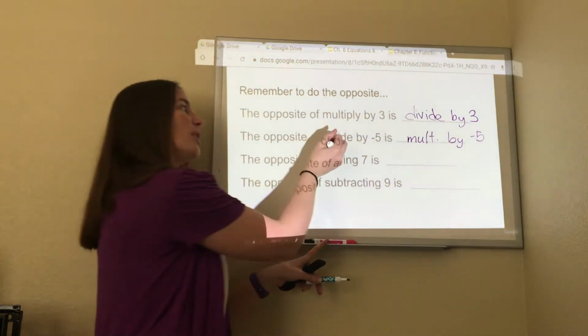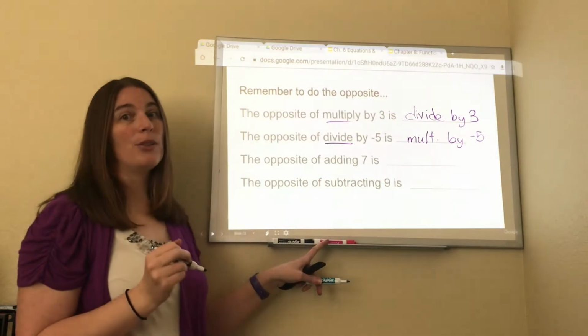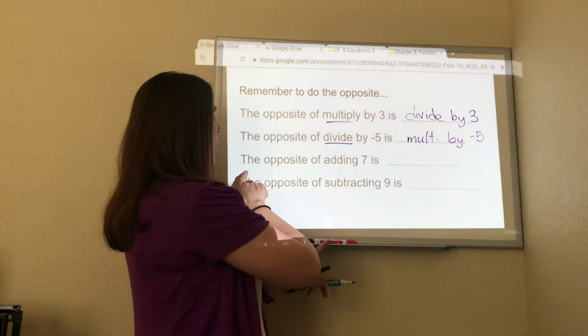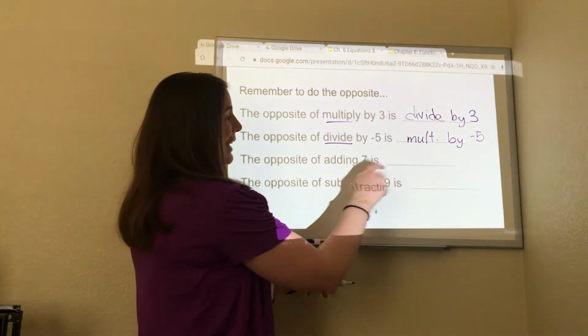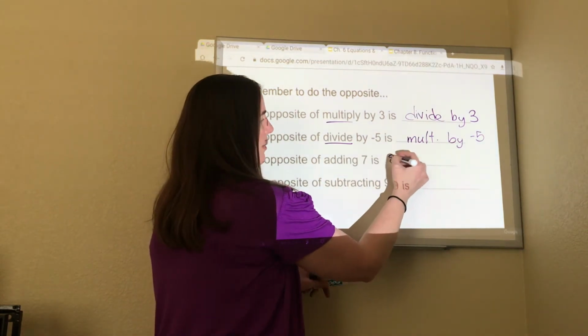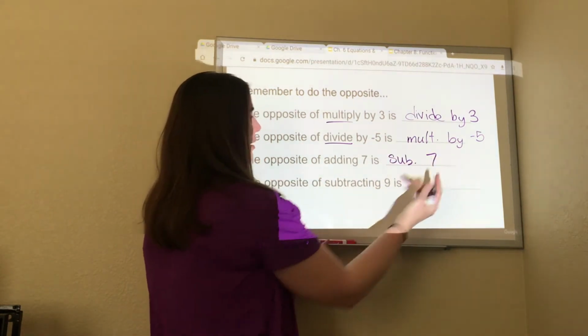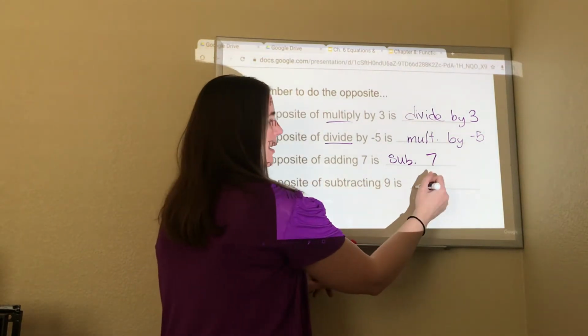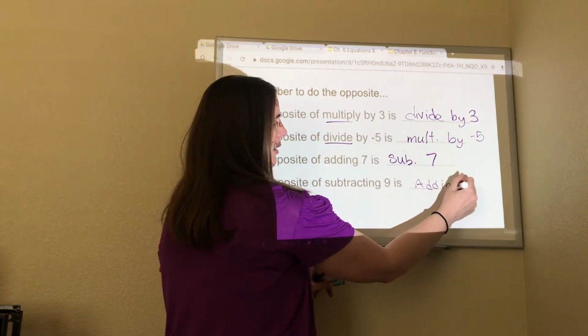It's just the operations that you are undoing or doing the opposite, not the integers, okay? The opposite of adding 7 would be subtracting 7. And then the opposite of subtracting 9 is adding 9.